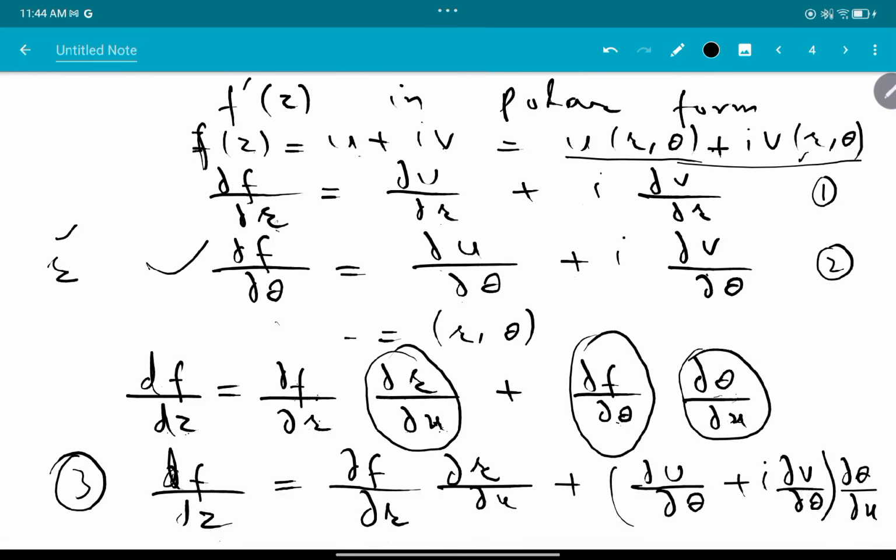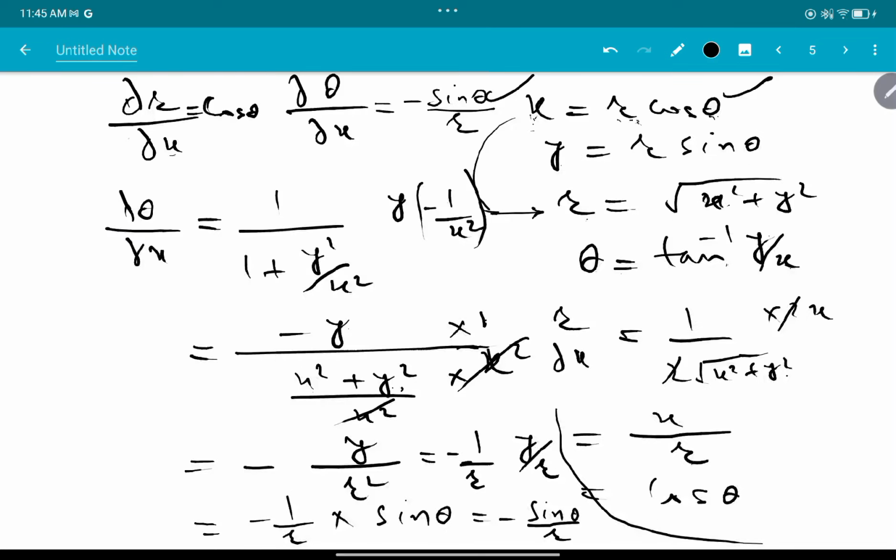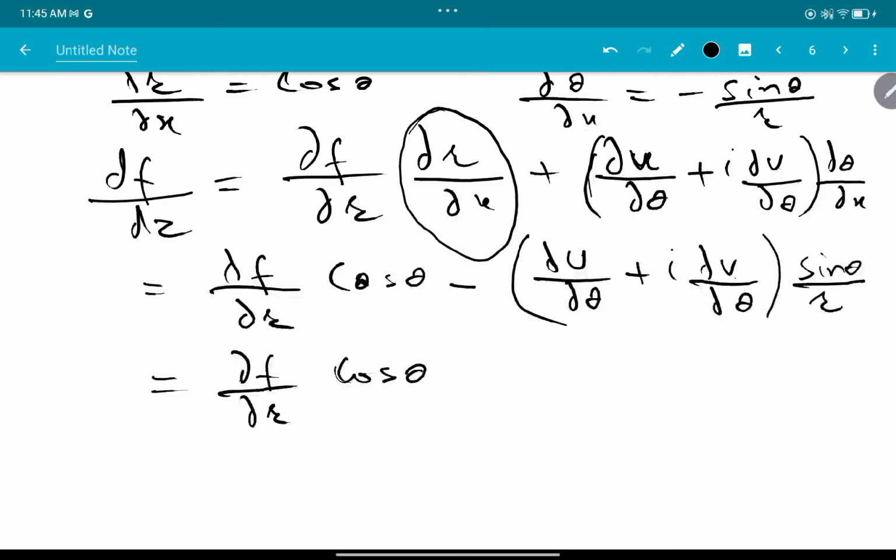Again, it is del f by del theta. Just one minute. We have to replace this; we cannot go back to this del f by del theta. So let us go back and see where we have the problem.